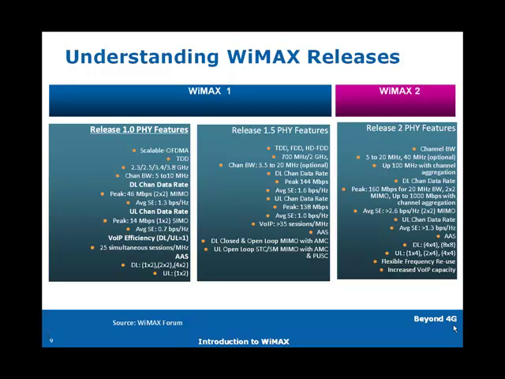Release 1.0 to 1.5 would be mostly software, if based on the same antenna configuration, but may require a couple of elements upgraded in the core network, as we will see in the next slide.